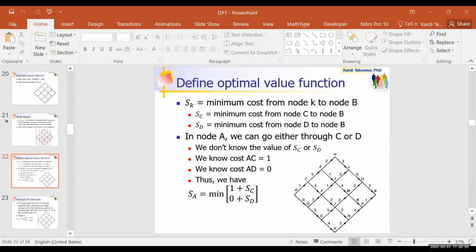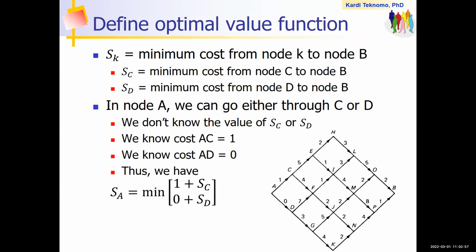I will repeat again. We don't know from C to B. We don't know from D to B. Okay, can you see in this drawing? Now, but we know there is a minimum cost from C to B. What is that?